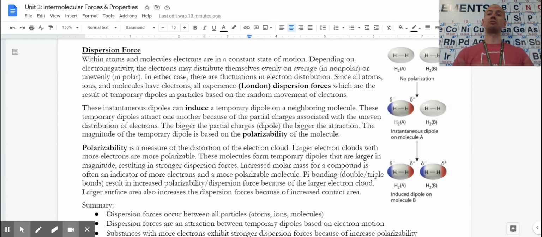But as I go to larger diatomic molecules, as I go to large atoms like a radon compared to a neon or helium, and as I go to larger molecules with even more atoms and electrons, that temporary dipole can become larger and larger. The bigger the partial charge, the bigger the value of Q in my Coulomb's law.